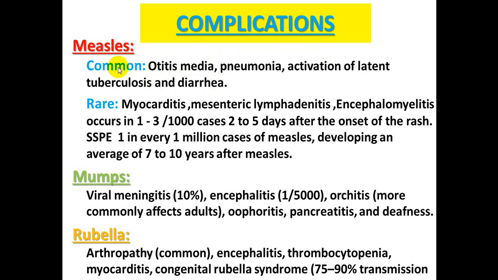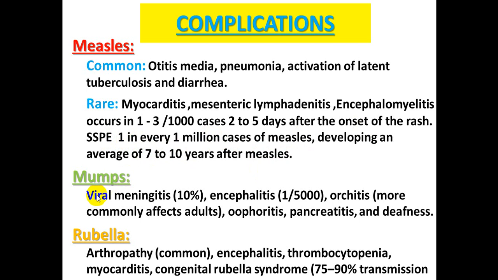While the rare complications of measles include the myocarditis, mesenteric lymphadenitis, encephalomyelitis, which occur in about 1 to 3 in each 1,000 cases, about 2 to 5 days after the onset of the rash. Subacute sclerosing panencephalitis also is a rare complication. It develops in 1 in each million cases of measles, and usually develops about 7 to 10 years after the initial attack of the measles.